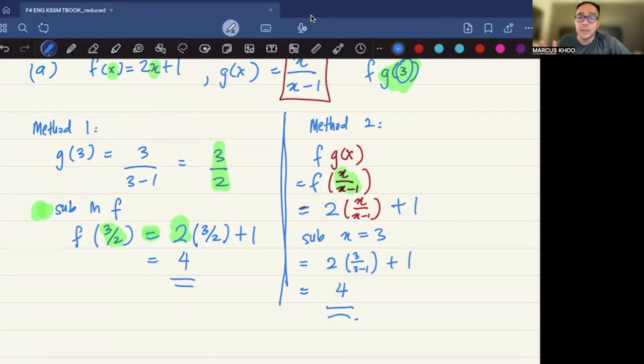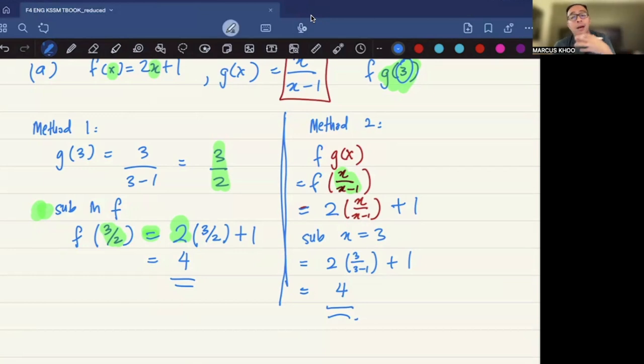So why is there a need for both methods? Honestly, method number 2 is a continuation of what we did in the previous video. If you want to be better at doing composite functions, I would recommend method number 2. Method number 1 is actually faster: you get the number, and you substitute the number in. But it may not help you to be better at composite functions.